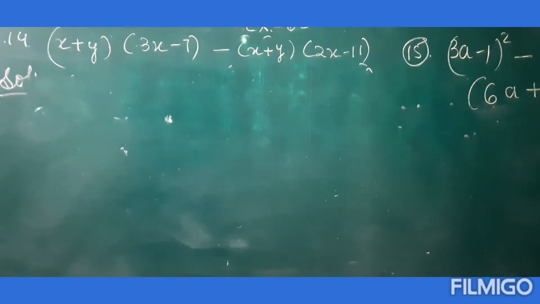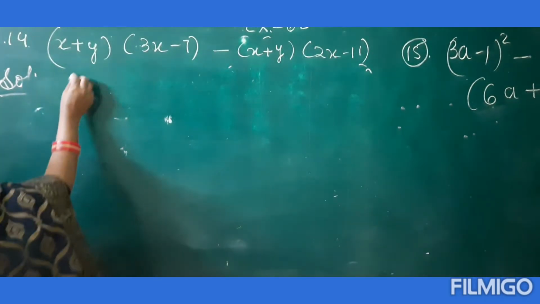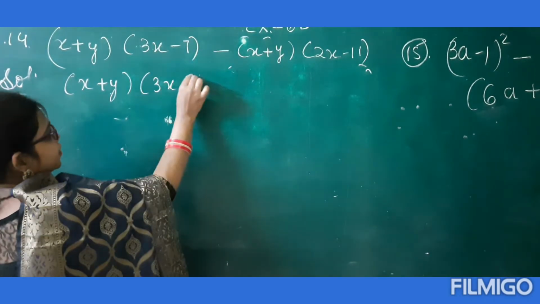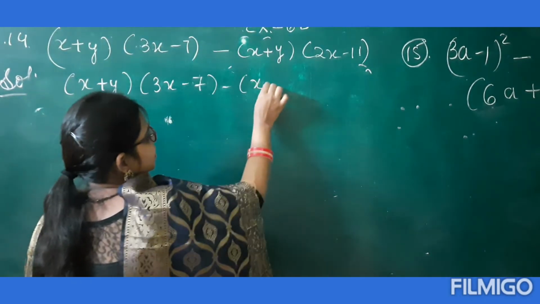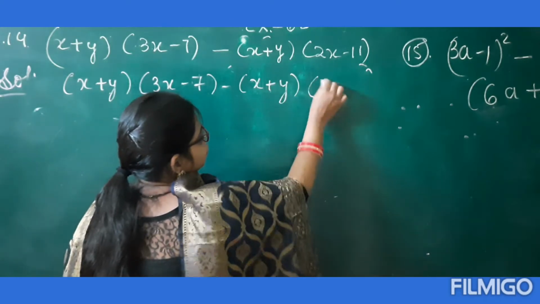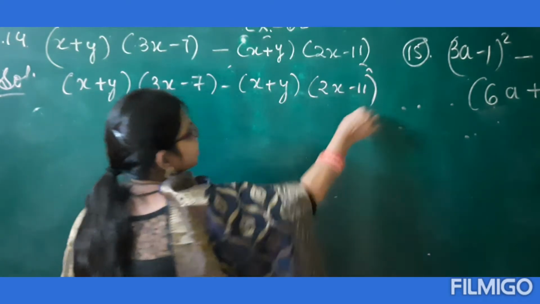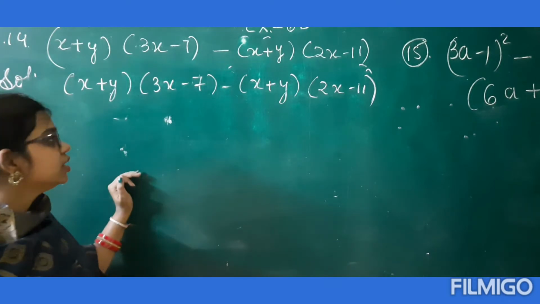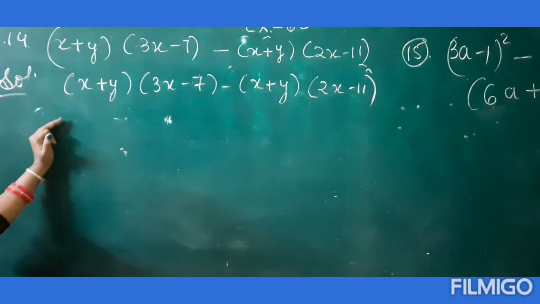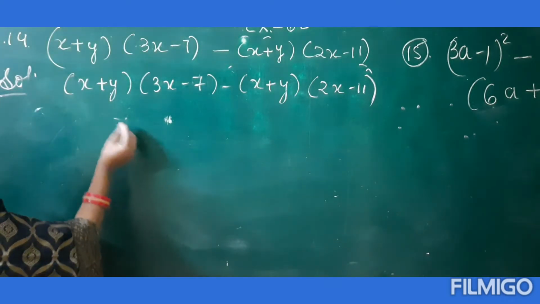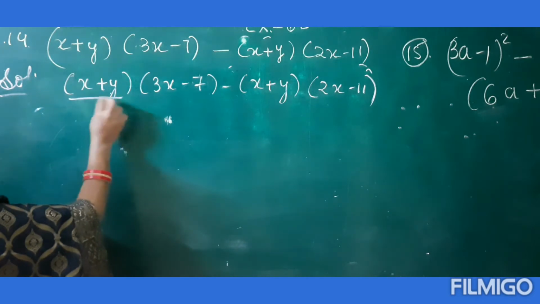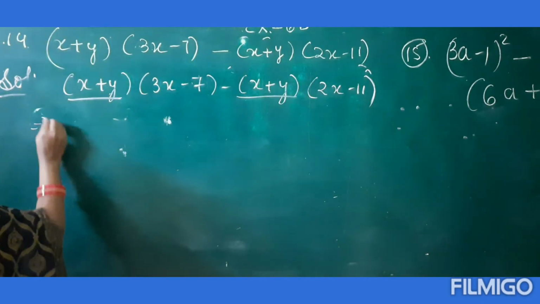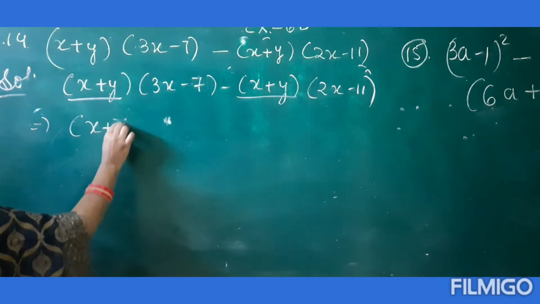So here in the 14th question you are given 2x plus y minus 3x minus 7 minus x plus y times 2x minus 11. The next step we are going to do here is we have to take out the common binomial factor. So here you will get the common binomial term. Here you will get 2x times x plus y, and here also x plus y as the common. So you can write down here x plus y as common.